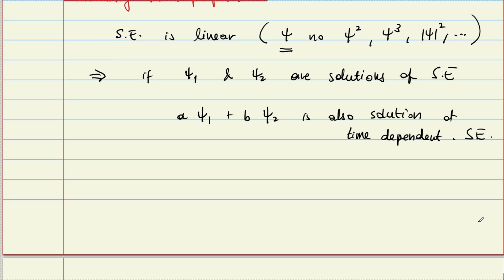So now let's look at this from the perspective of our double slit experiment. Here is our double slit. Maybe this is slit number 1, and this is slit number 2.